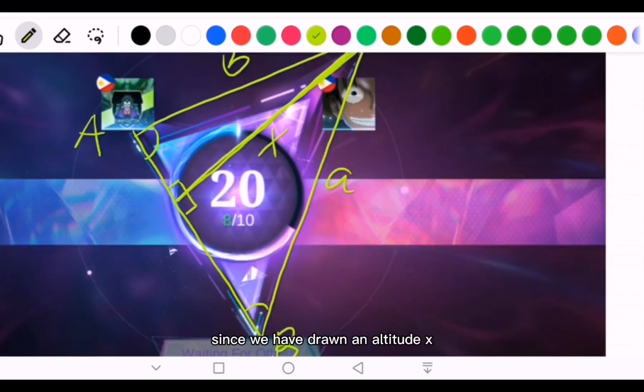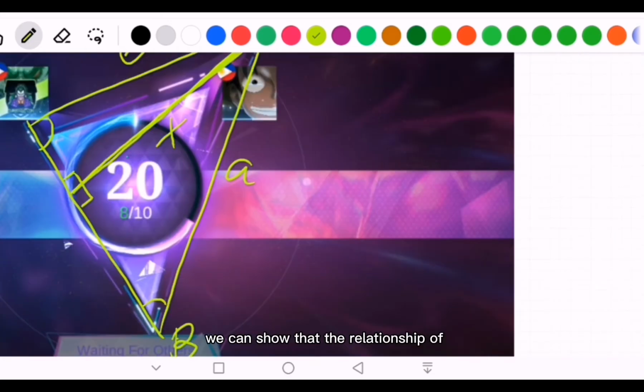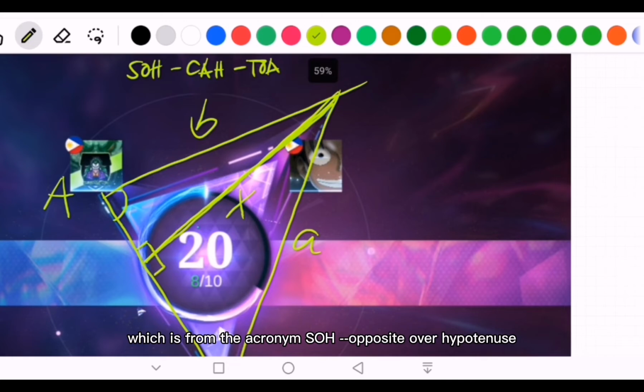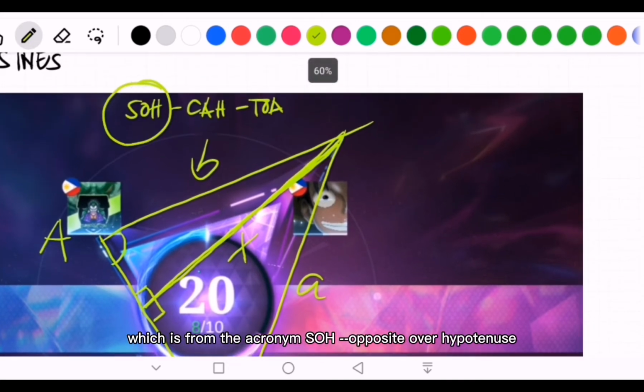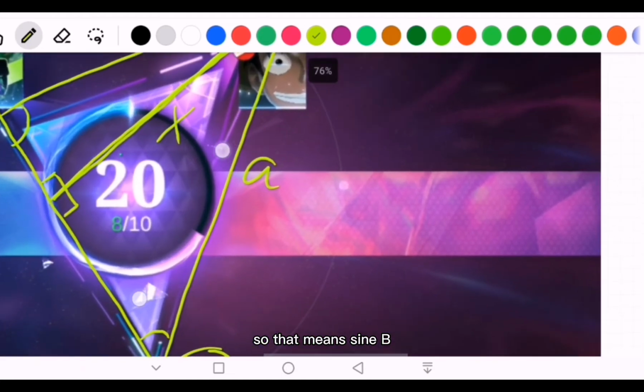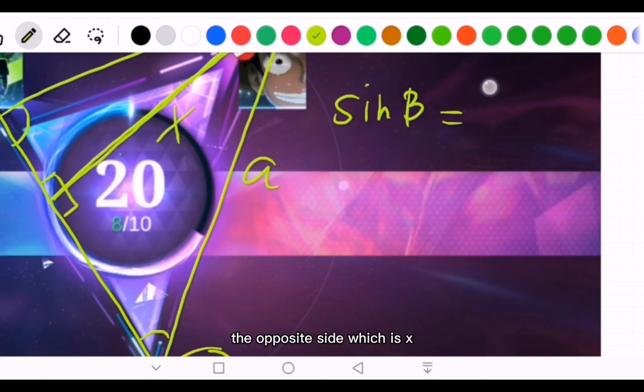Since we have drawn an altitude X, we can show the relationship of sine of angle B, which is, from the acronym, opposite over hypotenuse. So that means sine B is equal to the opposite side, which is X. The hypotenuse is the opposite of the right angle, so that is a. So sine B is X over a.